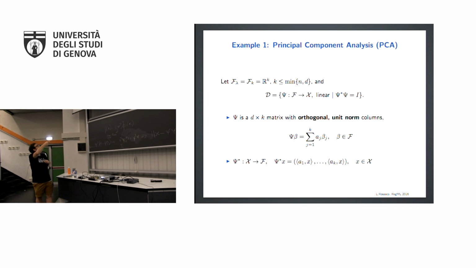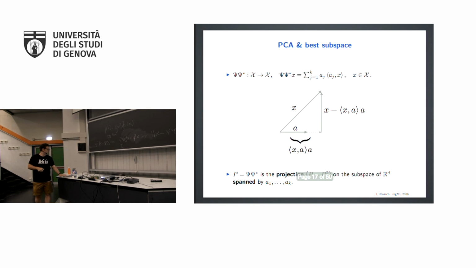So K here is exactly how many principal components, how many elements in the orthonormal basis you take. So we assume that we have an orthonormal basis spanning a subspace of dimension k. Then you discover that the best thing you can do to get the coefficients is just to project on that subspace and get those coefficients. This is what's written here.